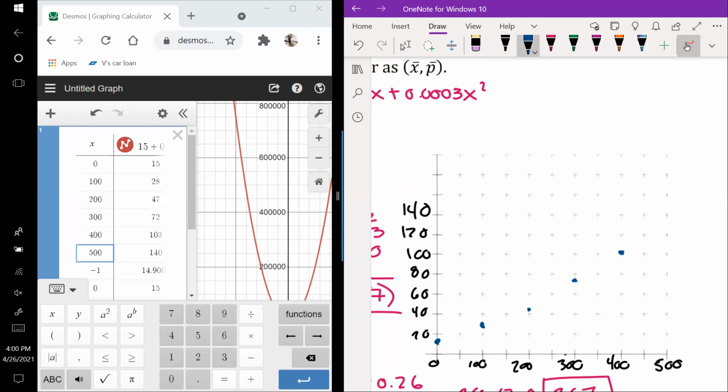And then 500 and 140 right there. So here's what producer surplus looks like. And now let's draw in that point, X bar, P bar, which is at 267. So we'll put it around here. Why not? 267 and 62.